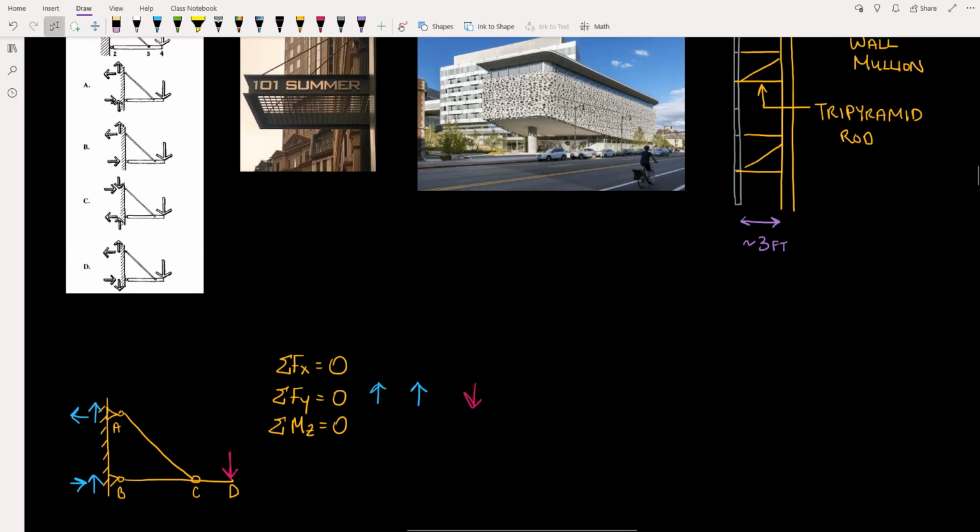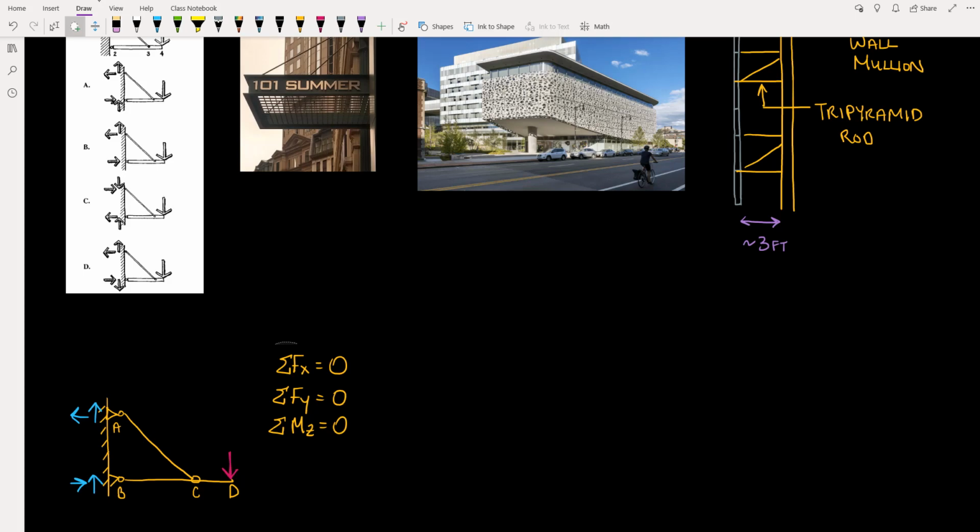If I look at my other options, B could also be correct if those are equal and opposite. C could potentially be correct, and also D could also potentially be correct. So our sum of forces in the y equation also didn't help us to isolate our correct answer.